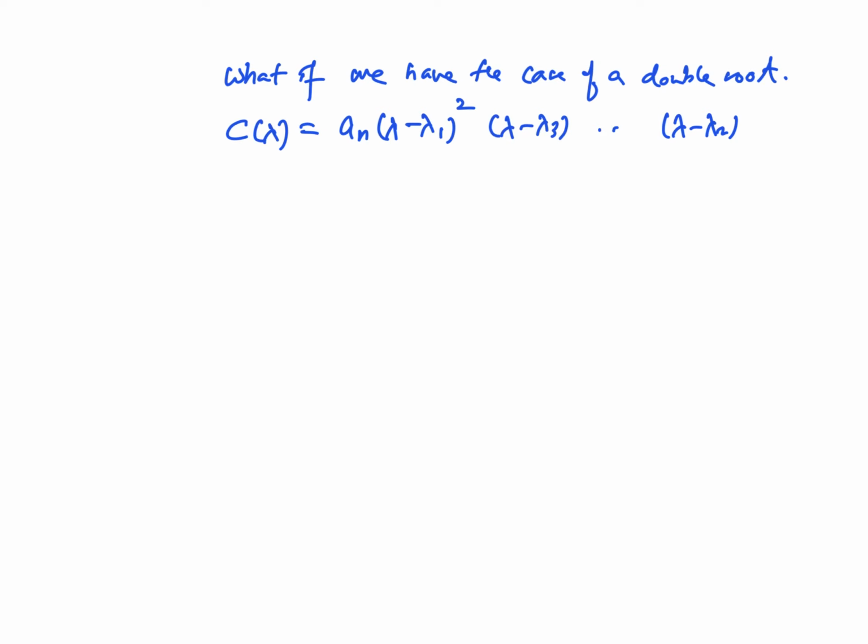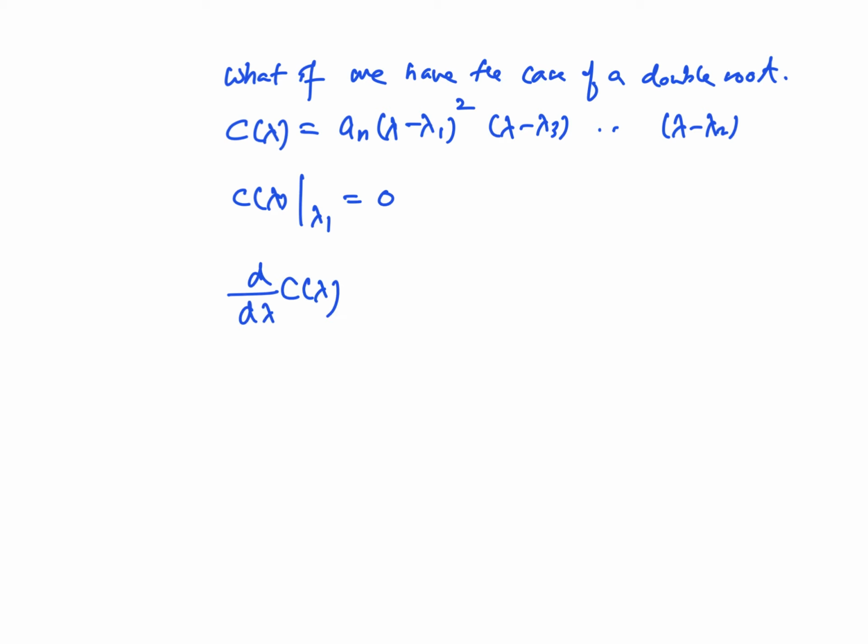So say C lambda 1 is equal to 0, right? What about the partial derivative, d lambda of C lambda?